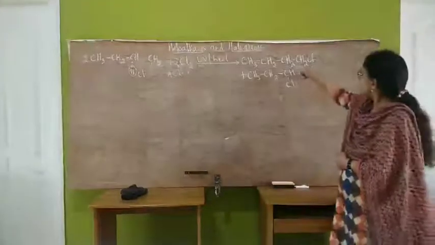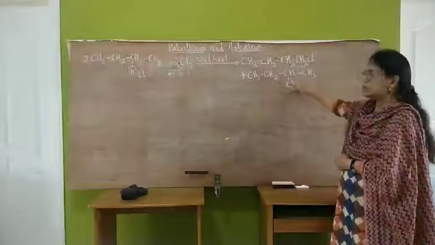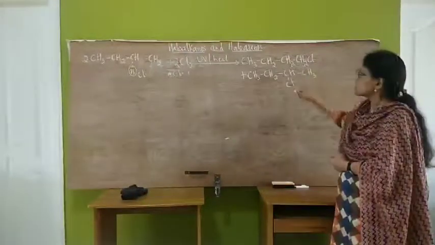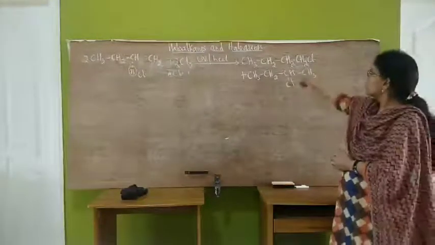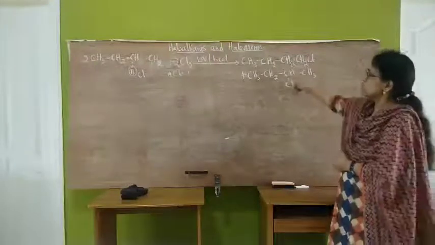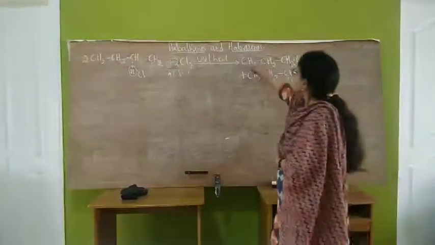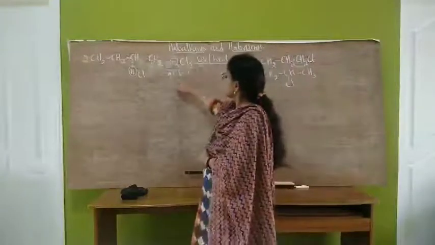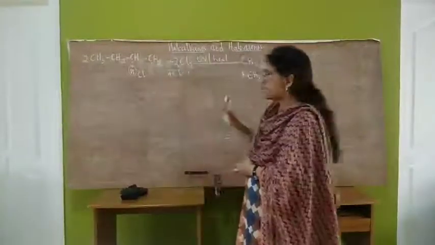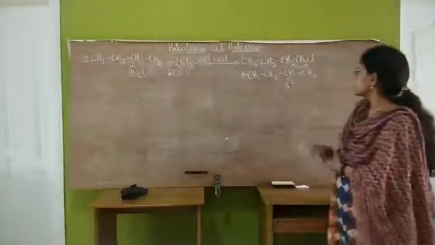So the 2 isomers are 1-chlorobutane and 2-chlorobutane. These 2 isomers are difficult to separate, hence the yield of the product in this method is less. This is called free radical halogenation, because the replacement of free radicals takes place here.